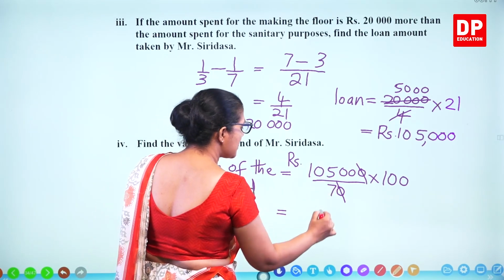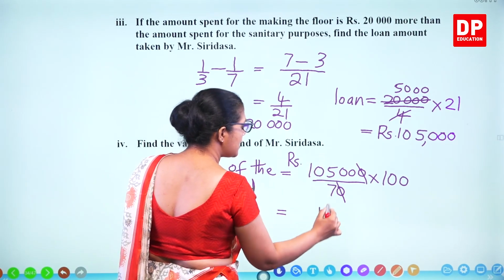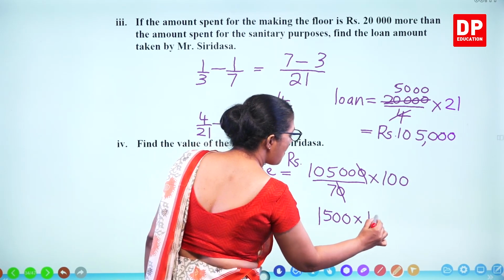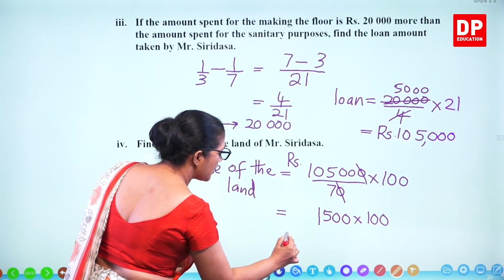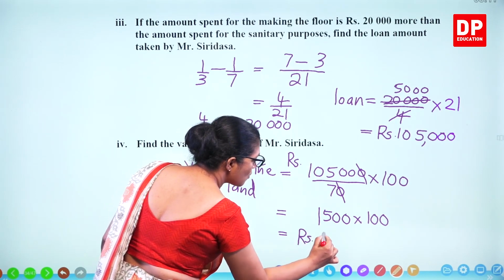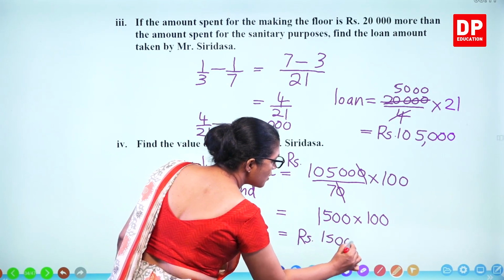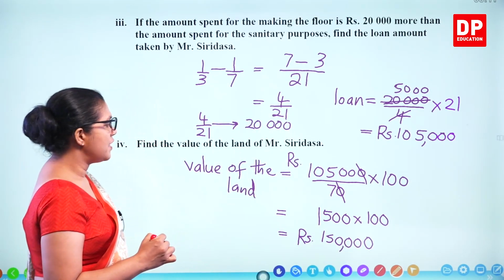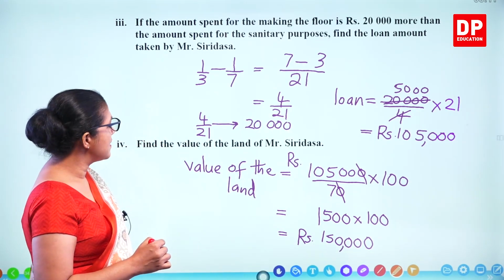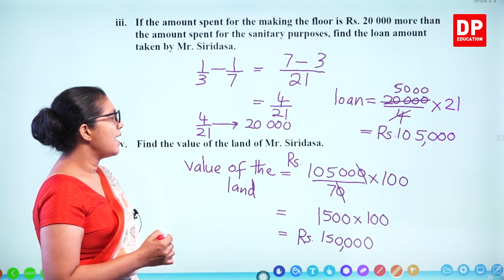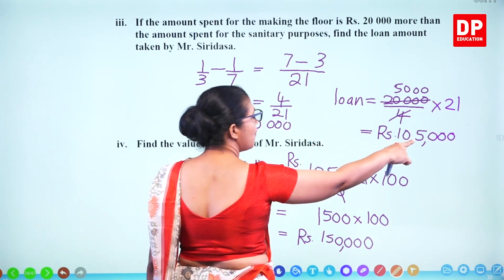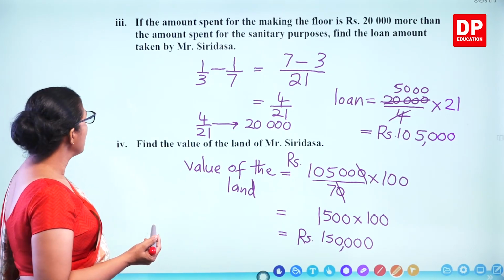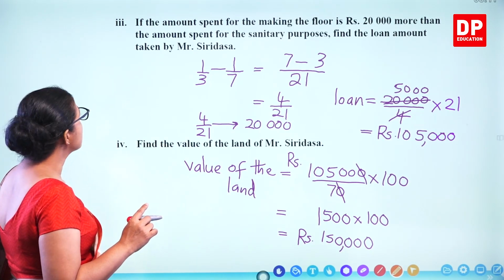Then 7 times 1, 7. For 35, that's 5. 1,500 multiplied by 100, 150,000. 150,000 rupees is the value of the land, and he took 105,000 as the loan from that. Those are the 4 parts.